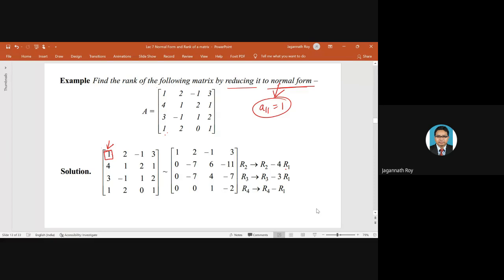So once this is 1, the next task will be to make the others 0. How do we do that?